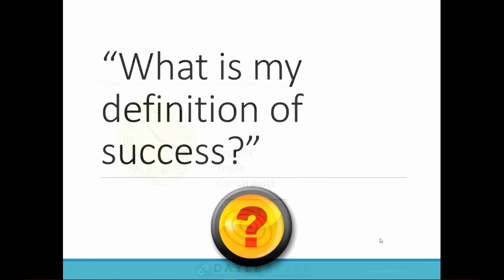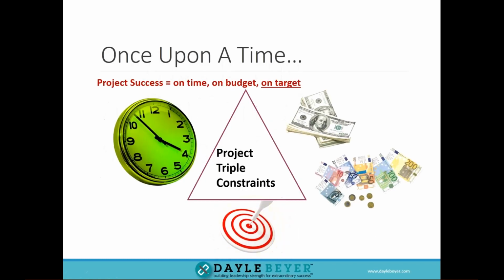So that's why this definition of success has changed over the course of time. It used to be, once upon a time, in project management land, project success was on time, on budget, and on target.